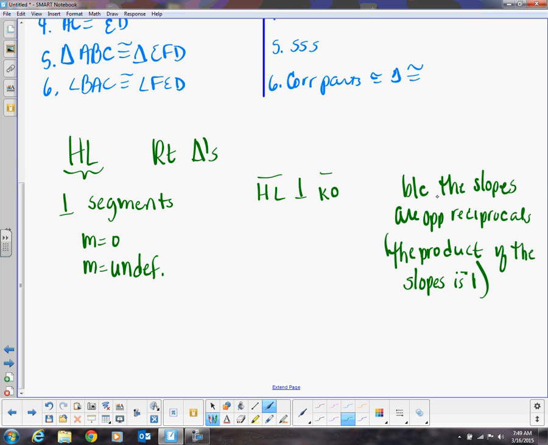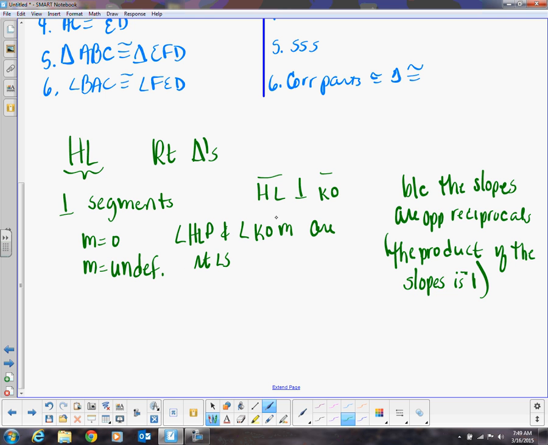Now, if you were to multiply those two slopes, you would get -1. So then you'd have to identify an angle, let's say angle HLP and angle KOM are right angles.